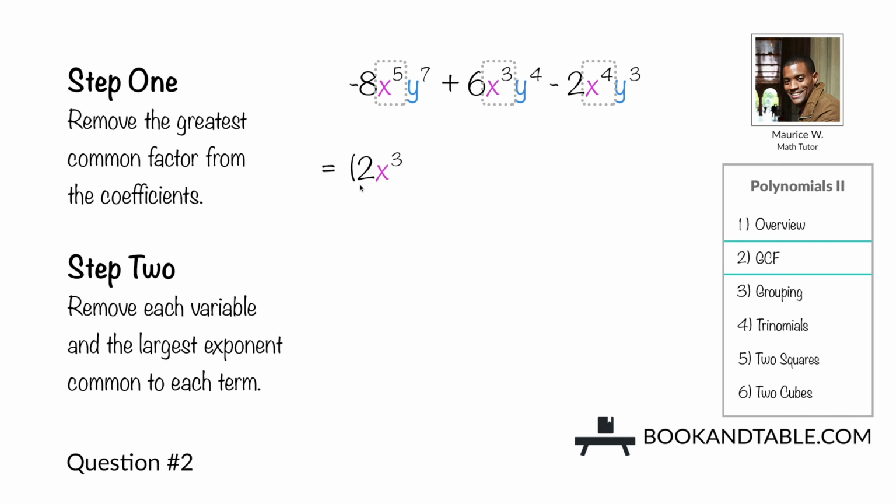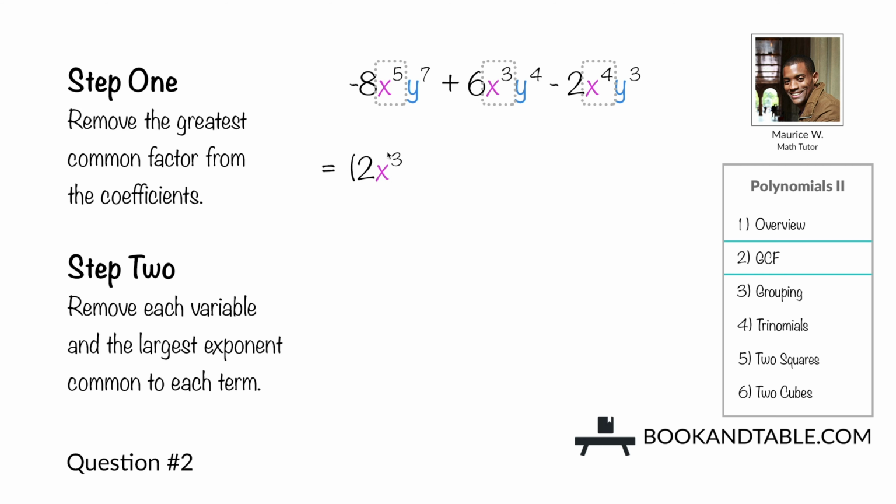We then move on to the variables by removing each variable and the largest exponent common to each term. So starting with our x's, we have x to the 5th, x to the 3rd, and x to the 4th. X to the 3rd is common in all three. This one has 4 x's, this one has 5 x's. So they all have at least 3 x's.